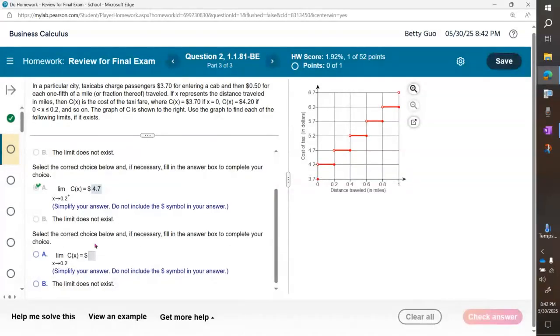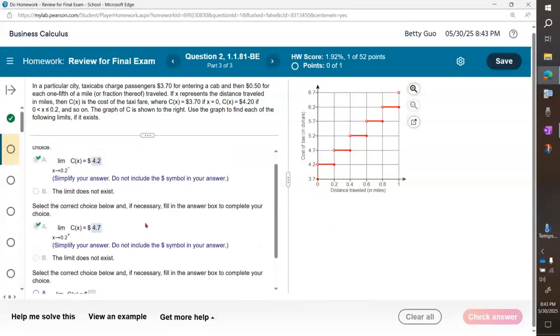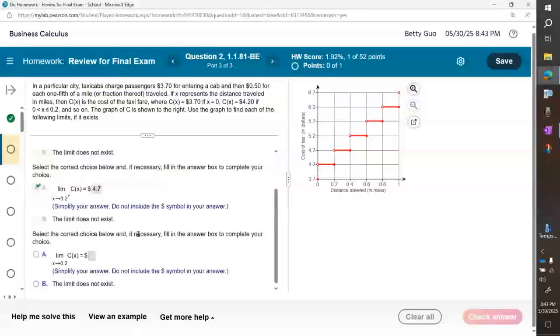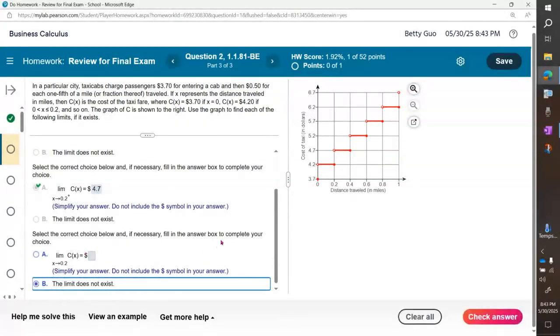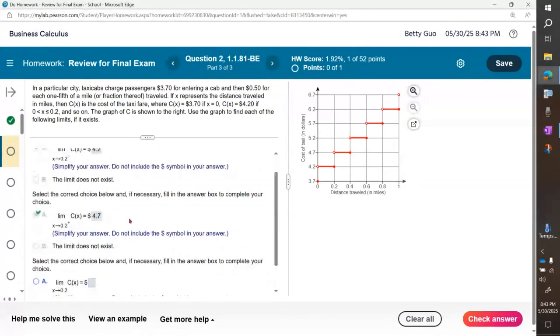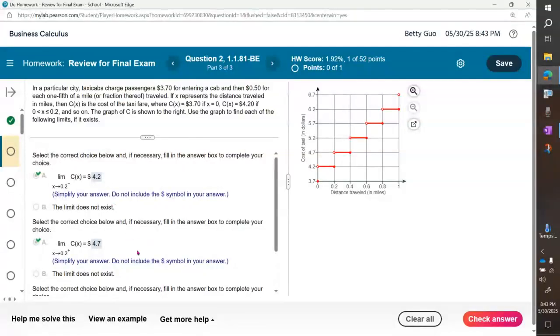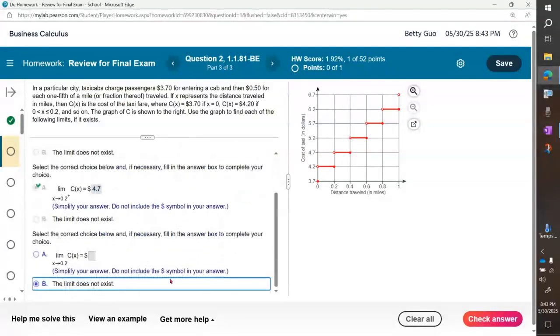Part C is to determine if the function has a limit when x approaches 0.2. Although both one-sided limits exist, the two one-sided limits are not equal to each other, so the limit does not exist. Left-hand limit is 4.2, right-hand limit is 4.7. They are not equal.